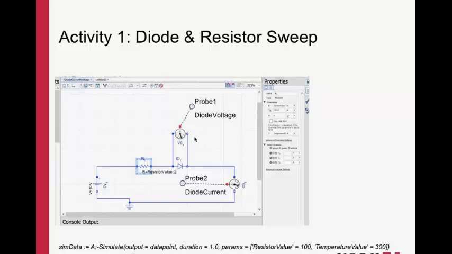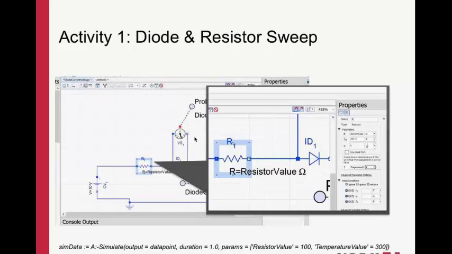So here's an example of a circuit that the students did in MapleSim. It's a diode and a resistor. There's some current measurement going on, and there's voltage measurement across the diode. From there, we can right-click on the resistor and take a look at other parameters within it, one of them being a temperature dependence that's built into the models.